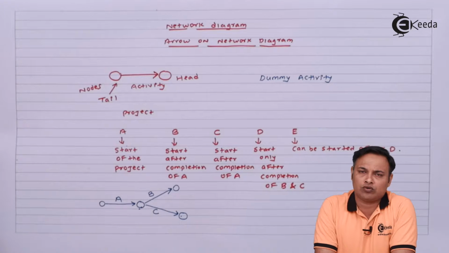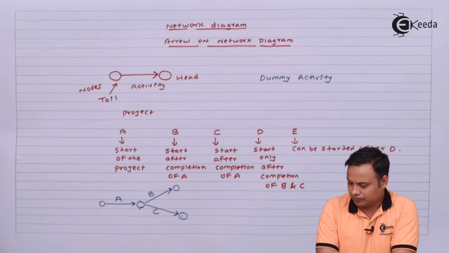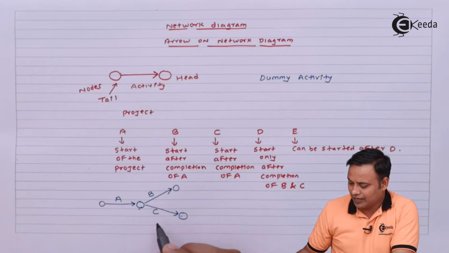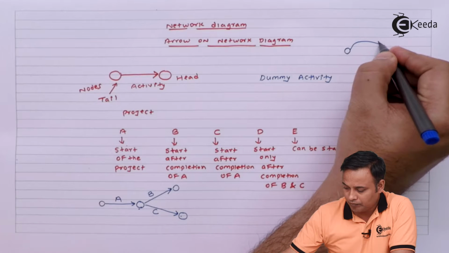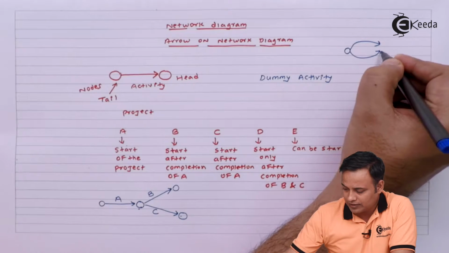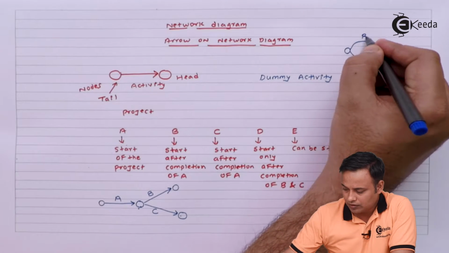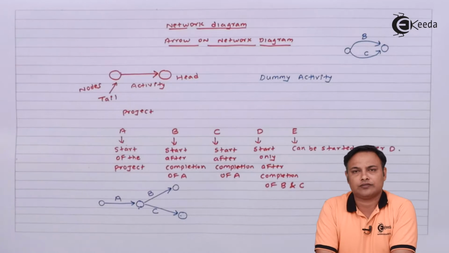Let's see how to draw a dummy activity and complete the diagram. Now I want to join B and C. I can't join B and C in this manner.